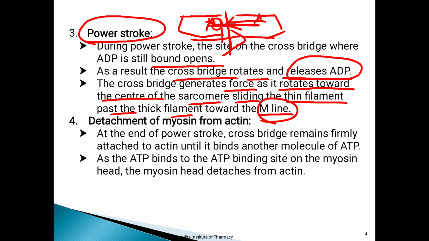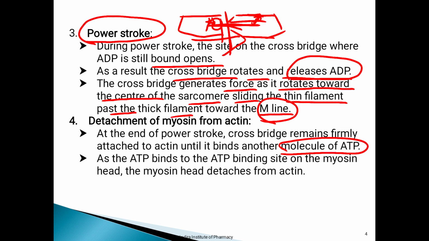So these myosin heads which are attached to actin will remain bound to actin unless and until another molecule of ATP comes and binds to the ATP binding site of the myosin head.